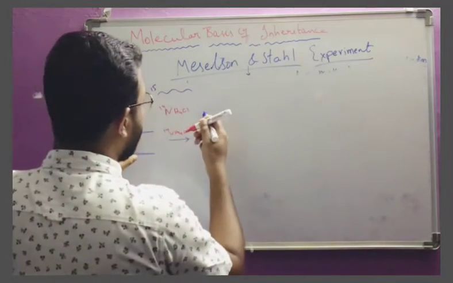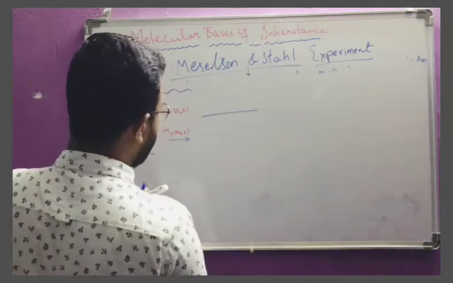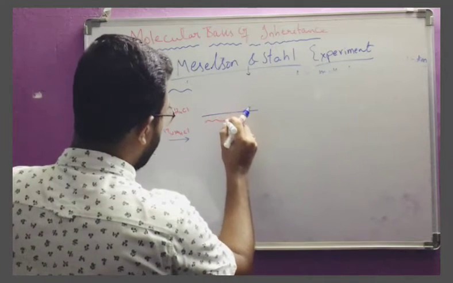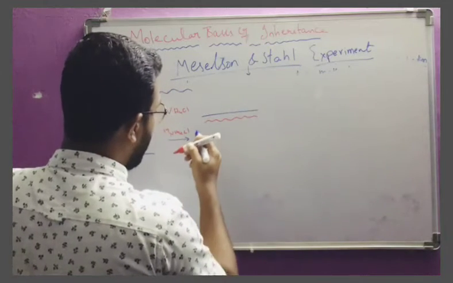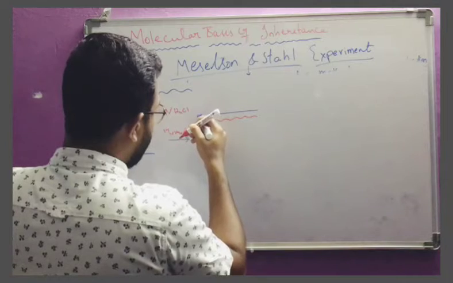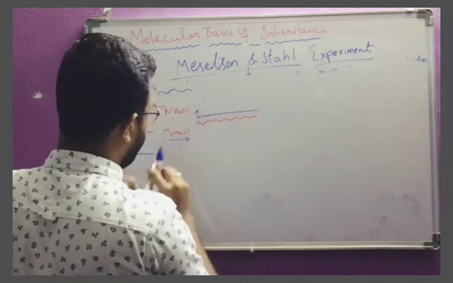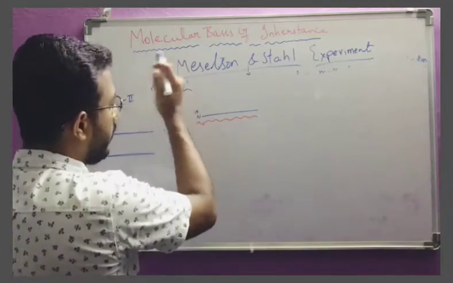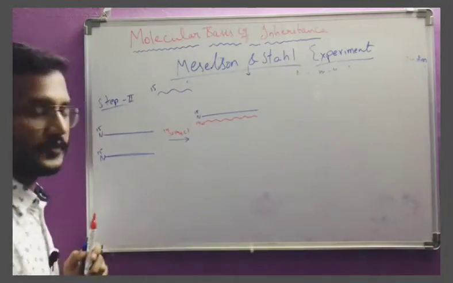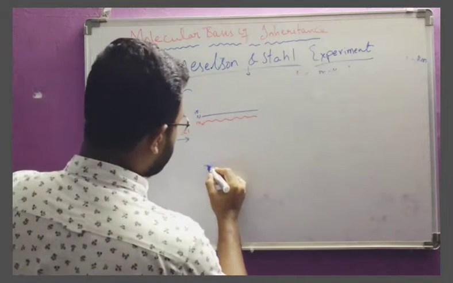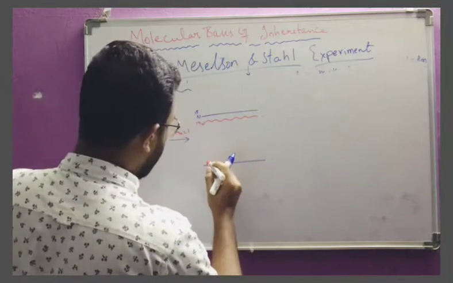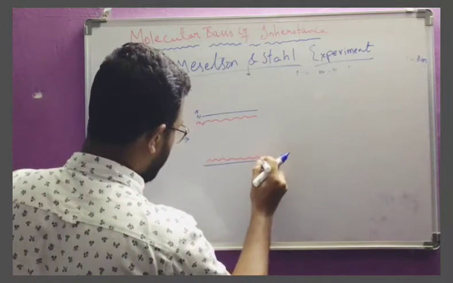Slowly the bacteria starts taking it. So this strand will act as a parent strand, and a new strand will be formed here. It is containing N15 and it is containing N14. And this strand acts as a parent strand, and a new strand will be formed here.